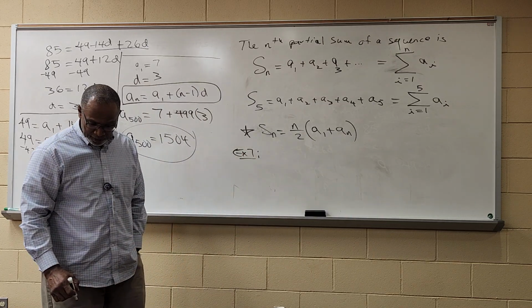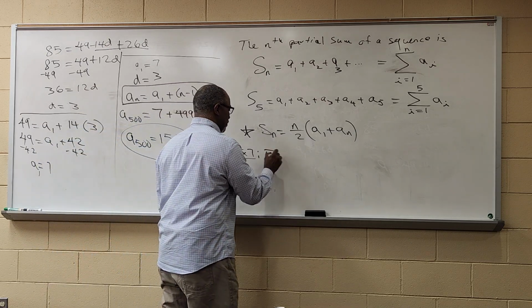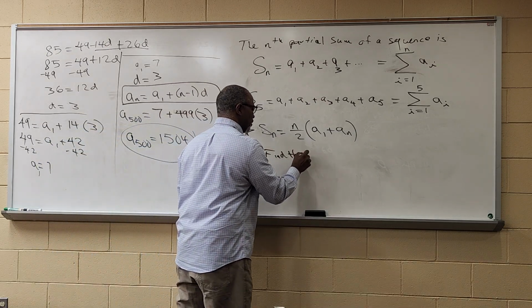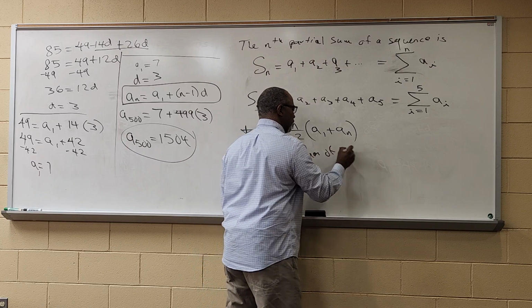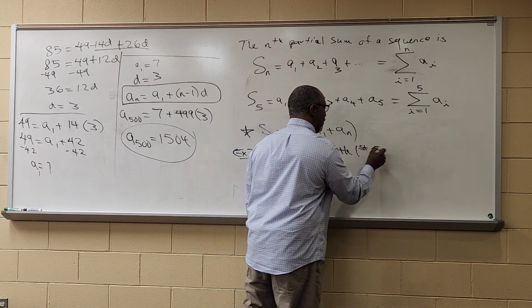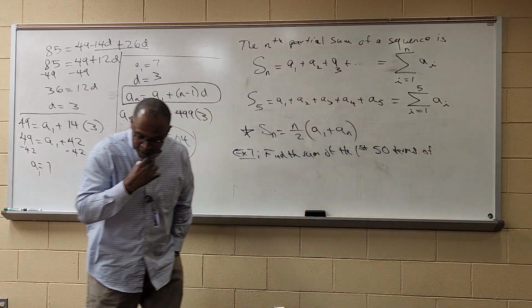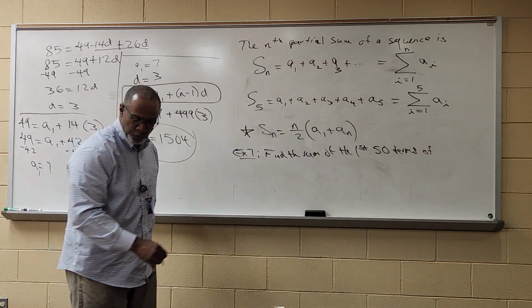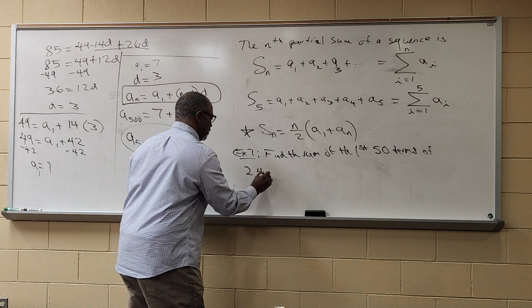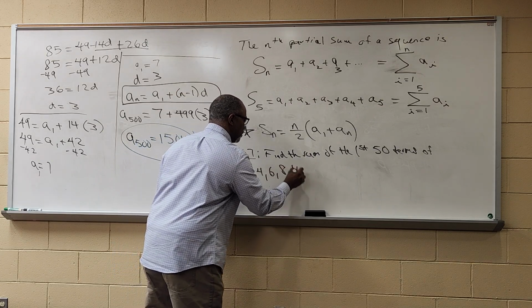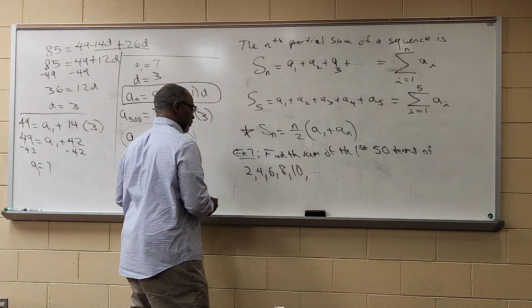Example 7. Find the sum of the first 50 terms of the sequence 2, 4, 6, 8, 10, keeps going forever.